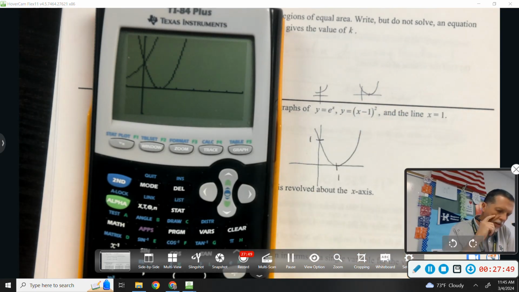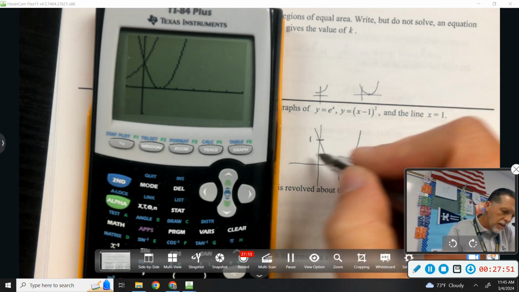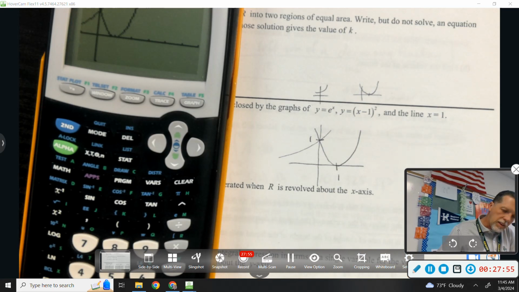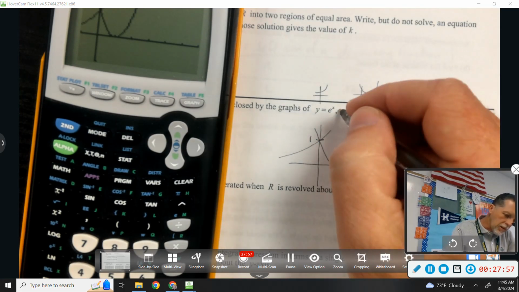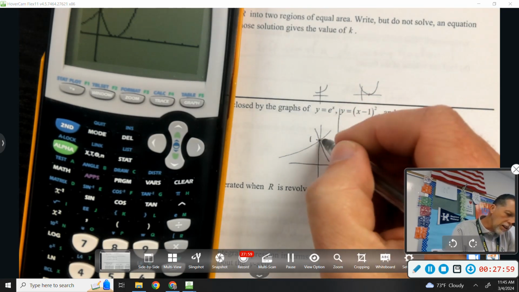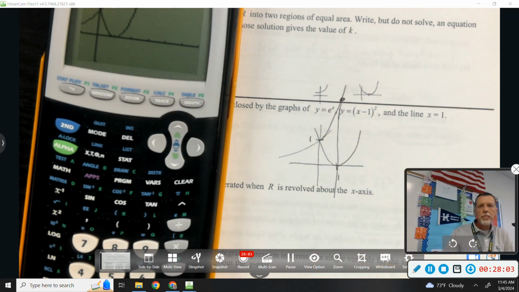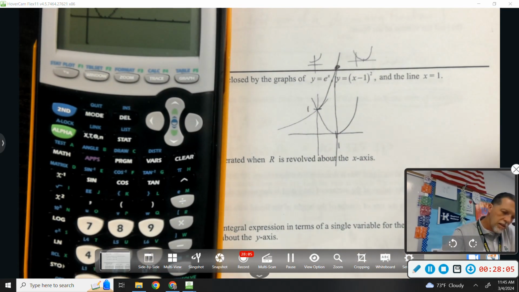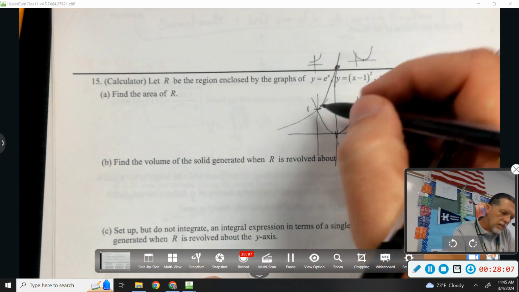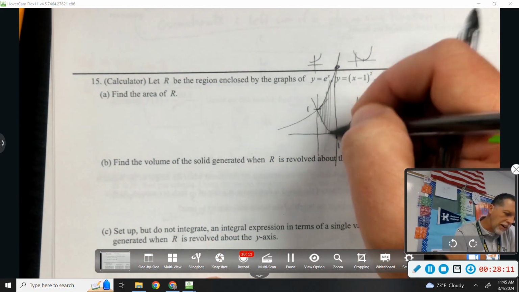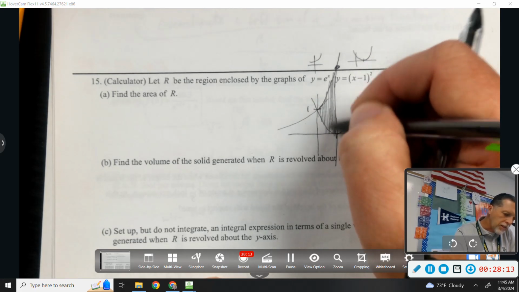There's my parabola. At x equals 1, e to the first should be 2.7, so up there somewhere. So e to the x, x minus 1 squared, and x equals 1. So this is the area we're talking about.